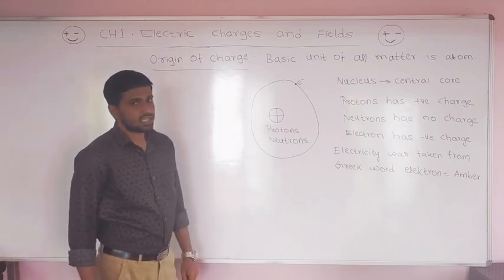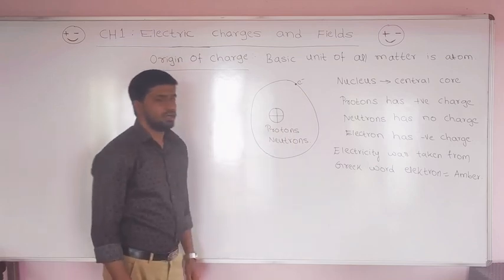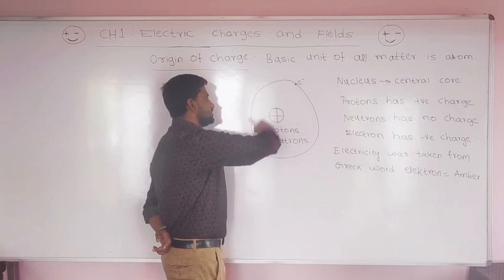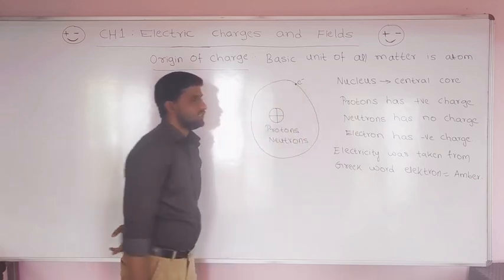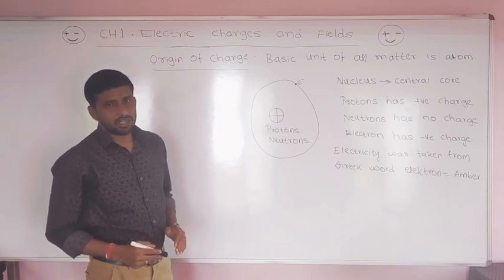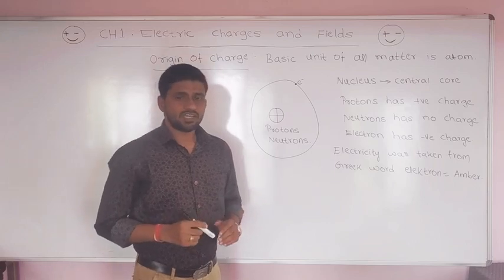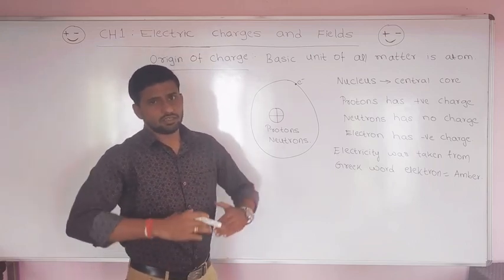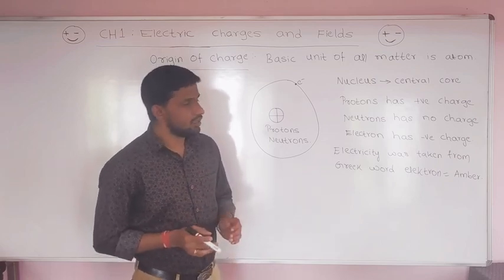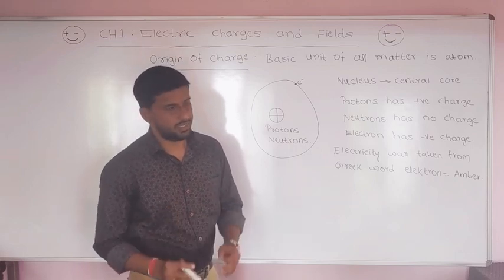The atom has several orbits around the nucleus, and those orbits consist of electrons revolving around the nucleus, and the electron is a negatively charged particle. So we can say that charges are present in an atom. The object is made up of so many atoms, so the object is also made up of so many charges. So charges are always present in an object or any material.